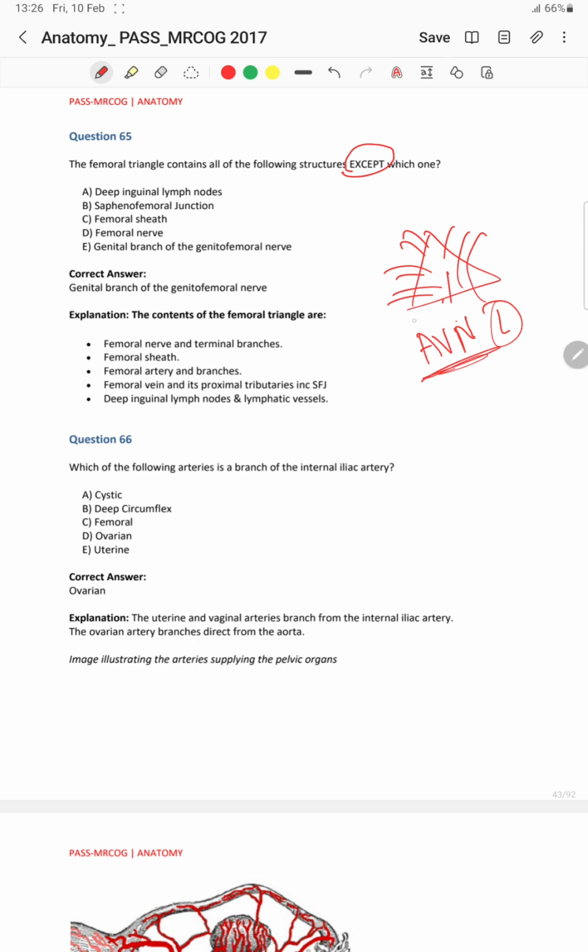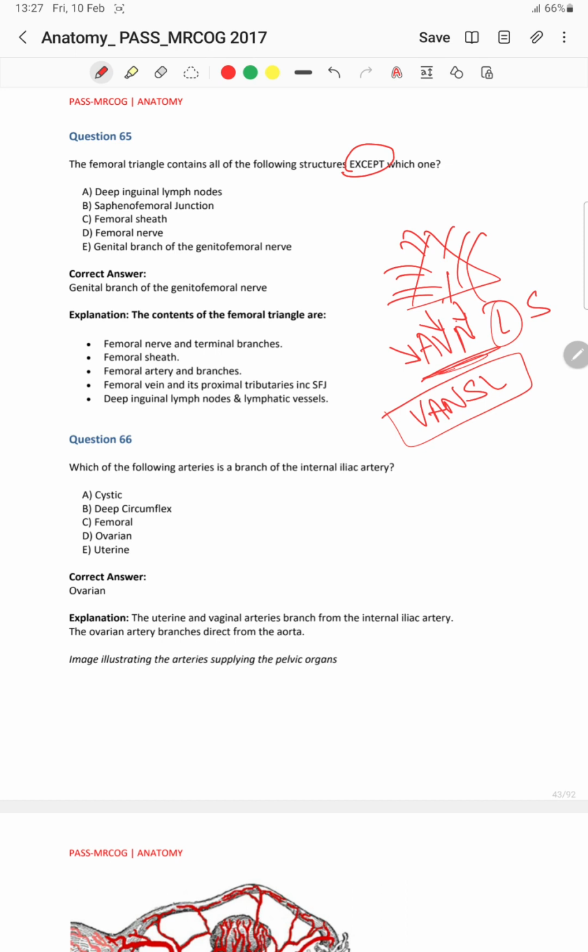So just remember the femoral artery and its branches, the femoral vein and its tributaries, and the femoral nerve and its branches. The deep inguinal lymph nodes and lymphatic vessels also travel through, and the fourth is the femoral sheath. Here I made a small mnemonic to memorize the contents of the femoral triangle, and it's a one cells. It is the composition of a femoral triangle.